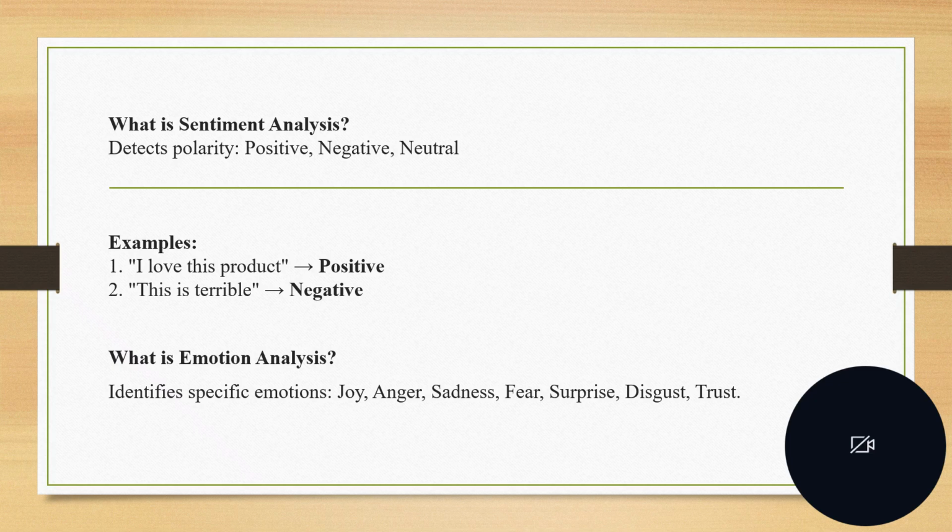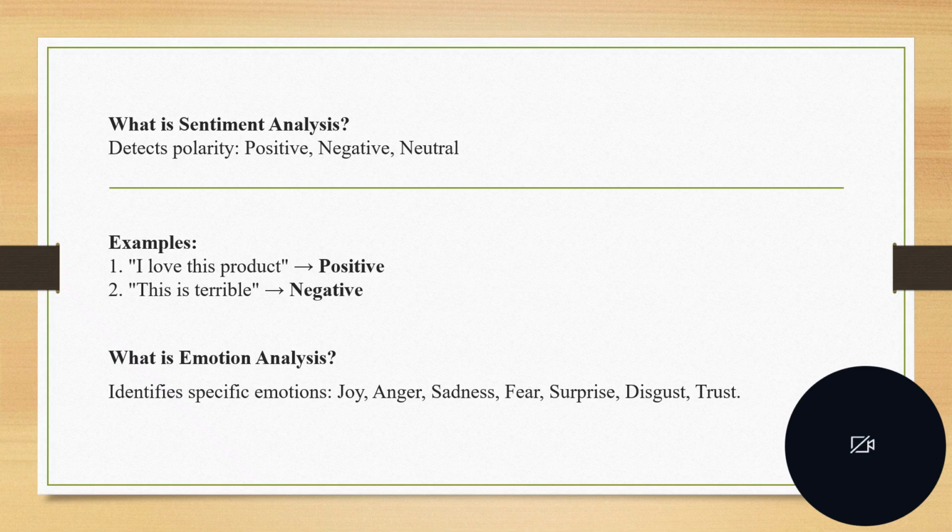And what is emotion analysis? Emotion analysis goes deeper than simple positive or negative categorization. Instead of only identifying overall tone, it tries to detect specific emotions such as joy, anger, sadness, fear, surprise, disgust, and trust.